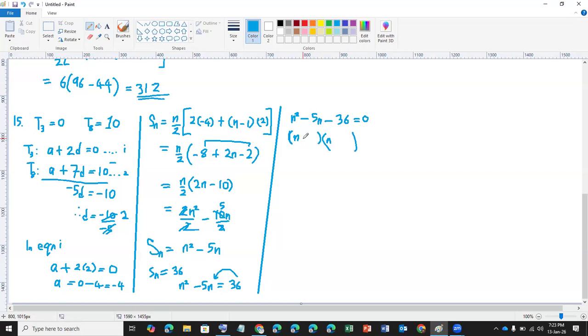The first one should be minus 9. Okay, so there's nothing wrong with saying plus 4 first. Whether the minus 9 came first or the plus 4 came first, it's still the same thing.